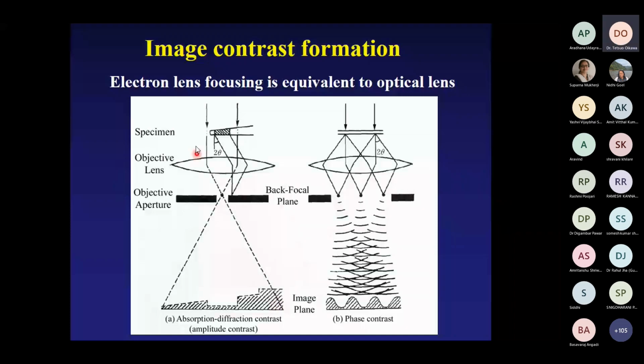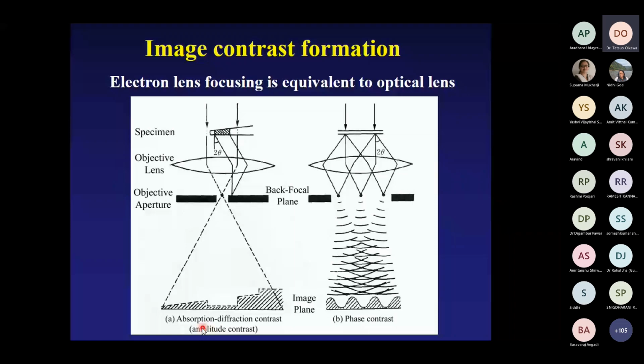But some of the electrons pass through a thicker element, and some are absorbed. The electron intensity is reduced in the image plane like this. So the electron absorption or scattering intensity is modulated by the thickness. We call this the scattering and absorption contrast.